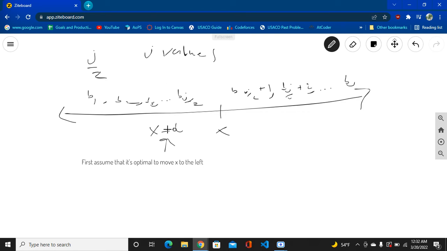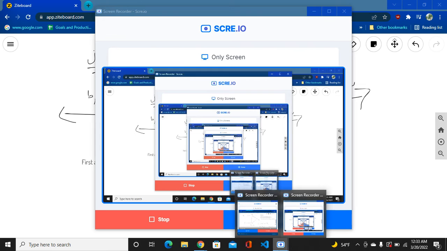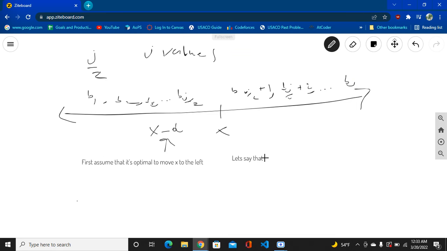Let's say that initially there are j values here. Let me write it down. Let's say that x minus d makes k more values on the right of the optimal spot.